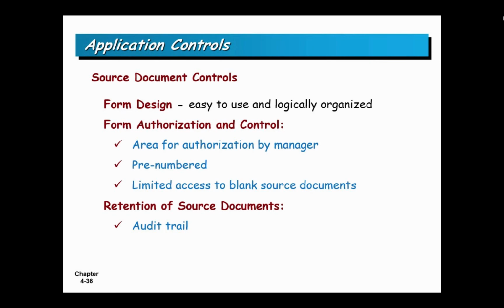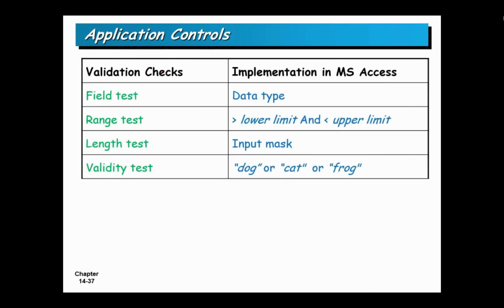Think about if you go to the supermarket and they need to do something special, the manager has to come over and type in their initials or their code. We saw that they need to be pre-numbered or auto-numbered. And because they need to be pre-numbered and auto-numbered, you don't allow just anyone to get to blank documents if they're important. And of course, you'll have audit trails.